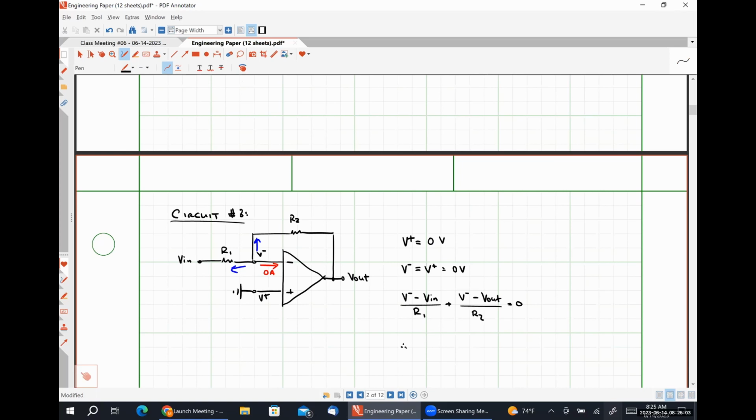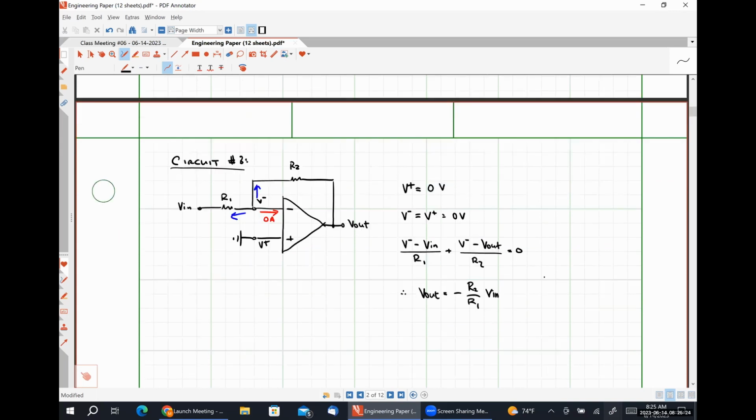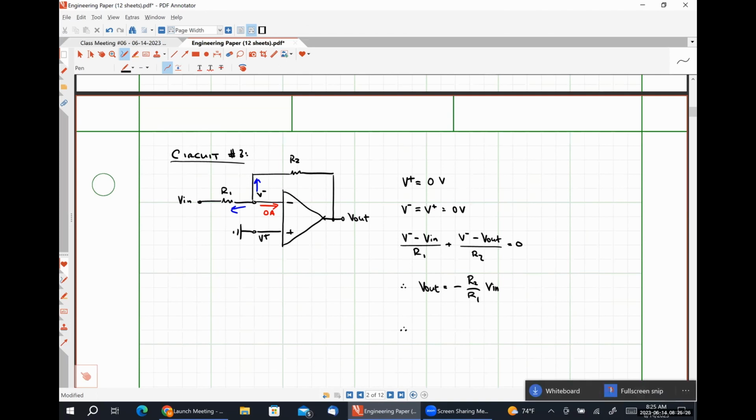Recognizing that V minus is simply 0 volts, and doing a little bit of algebra, what we find is that our output voltage, V out, in this case, is negative R2 divided by R1 times V in. And therefore, our closed loop voltage gain, AVCL, will be negative R2 over R1.